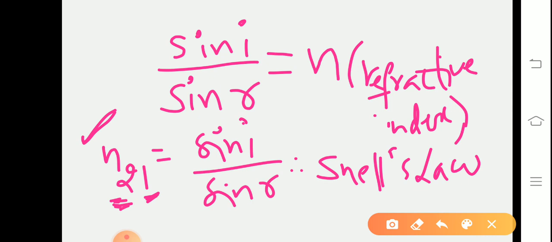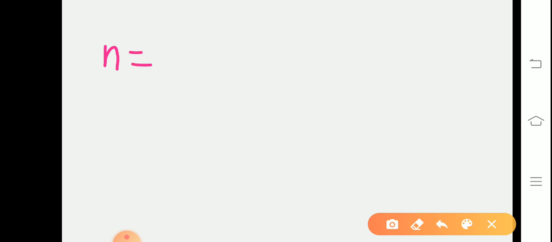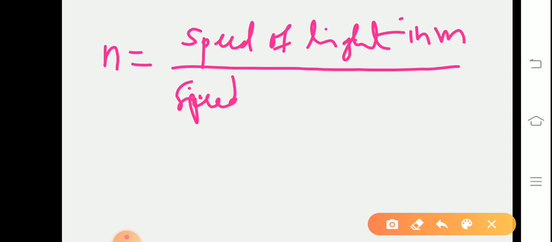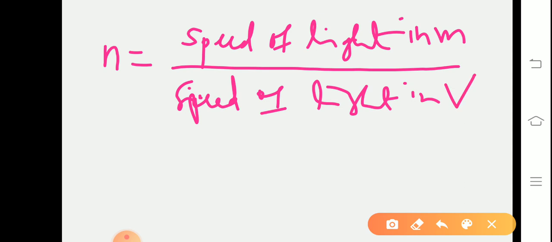So now, what is refractive index? Let me explain now. Refractive index is denoted by the letter small n. It is a type of ratio: speed of light in medium by speed of light in vacuum.